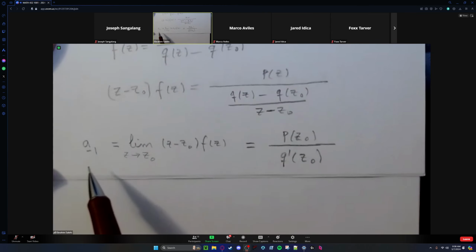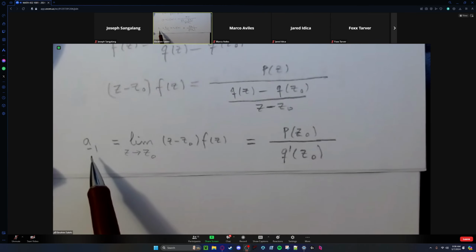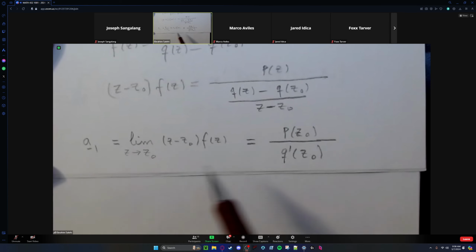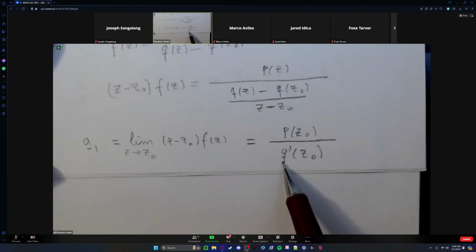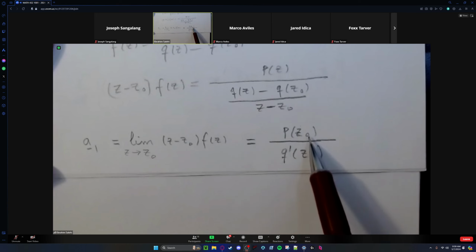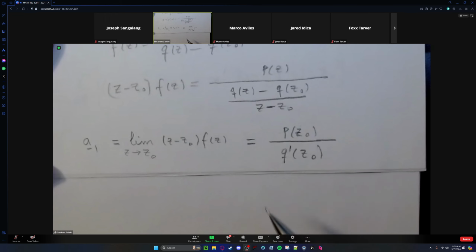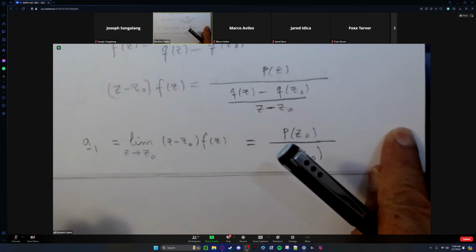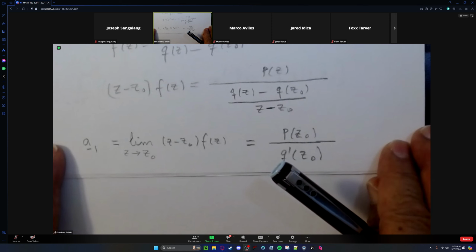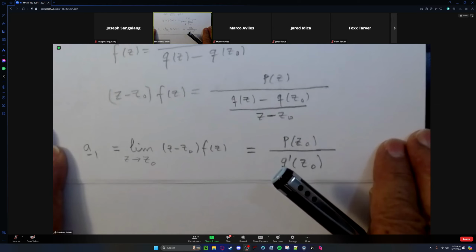So the next approach for simple poles is this: the numerator divided by the derivative of the denominator, evaluated at z naught. Okay? All right. So this is another approach to finding the residue when you have a simple pole.